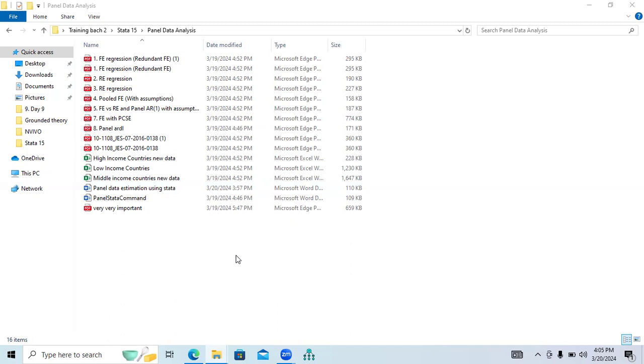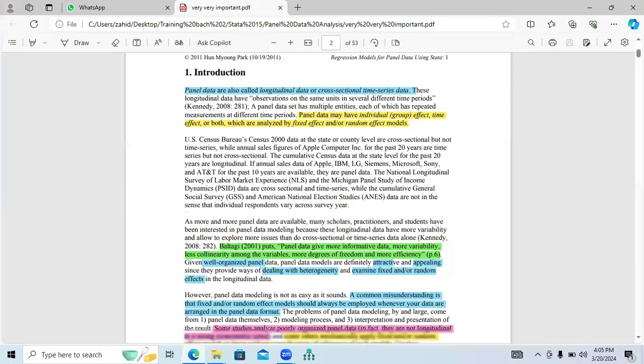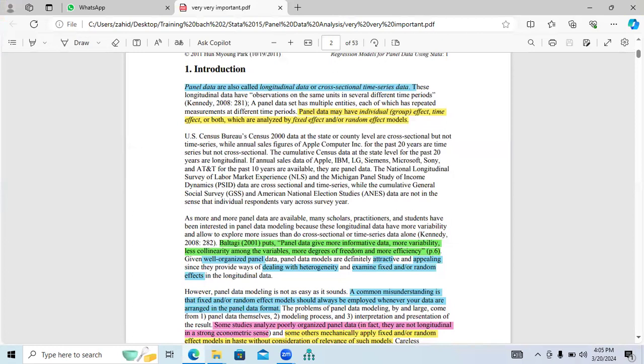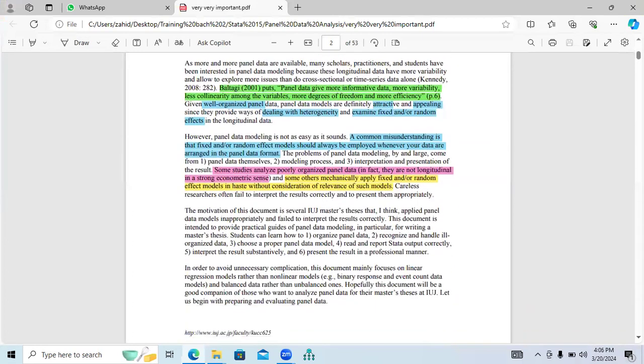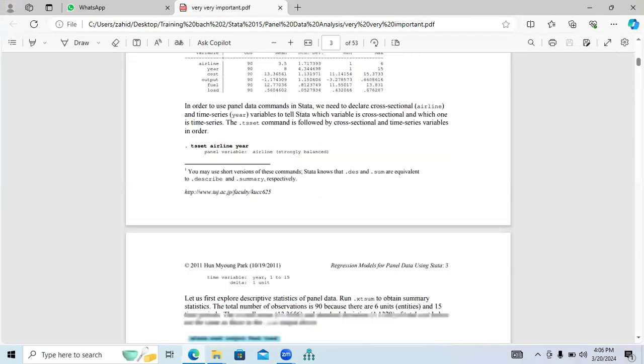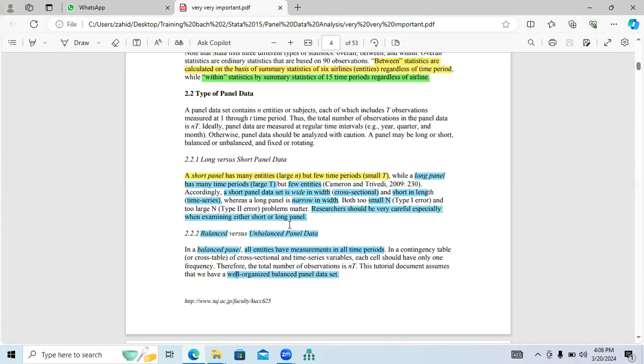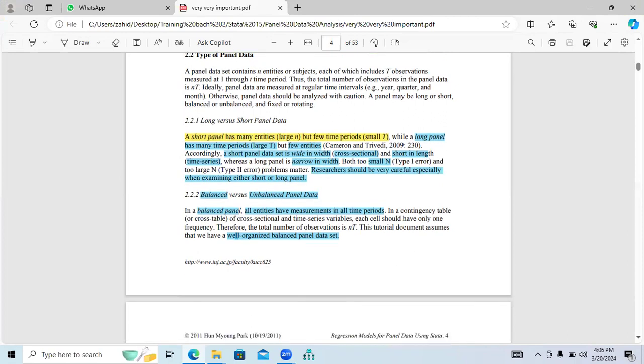Today, I am going to discuss the basics of panel data analysis. In my previous session, I discussed some important things using this document. I discussed some basic things about panel data, like what is panel data, what is the difference between a short panel and a long panel, balanced versus unbalanced panel, and what are their particular characteristics.